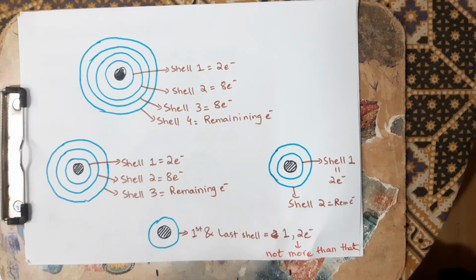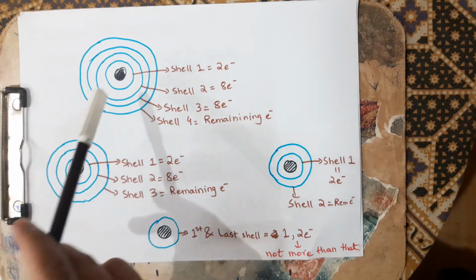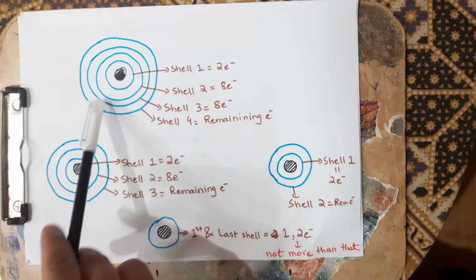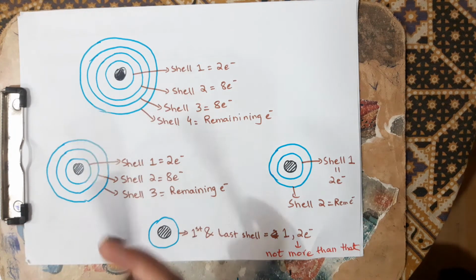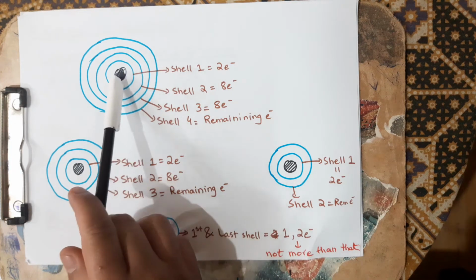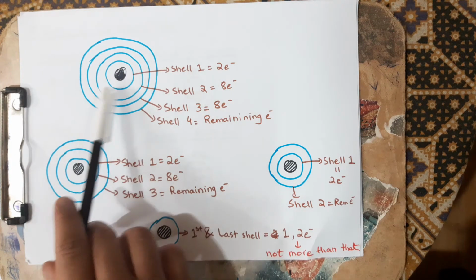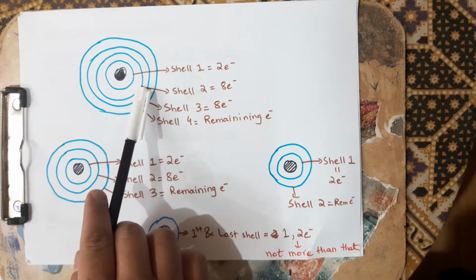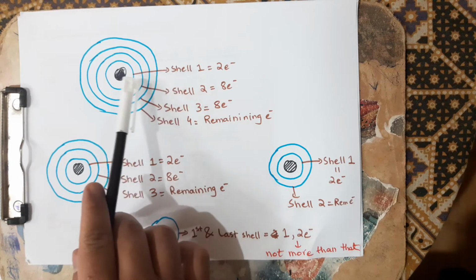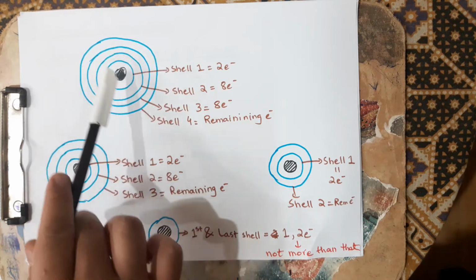Now before drawing the structure of atoms of given elements, we have to have a look at this. So here you see that it is the nucleus of the atom, and then you see that there are 1, 2, 3, 4 shells surrounding this nucleus.